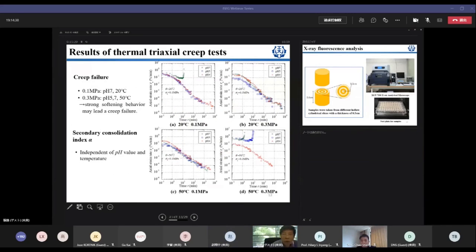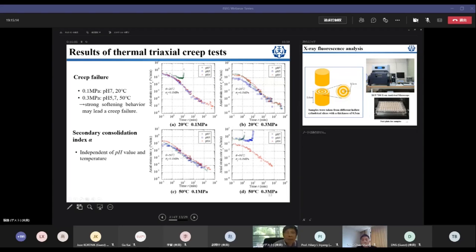And also for the creep failure test, you can find that in some cases, for instance at pH value equal to 7, it does not creep fail. You might be a little bit puzzled by this result, but don't worry, because the creep failure stress is assigned as 95% of the strength obtained in the compression test.